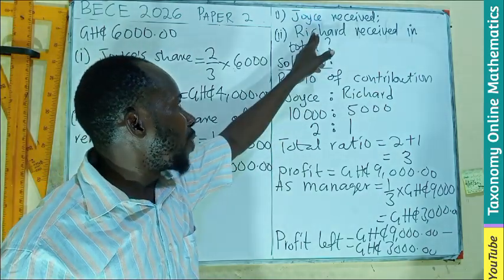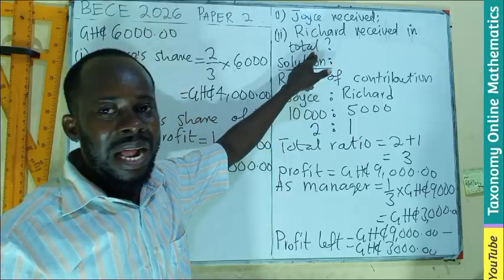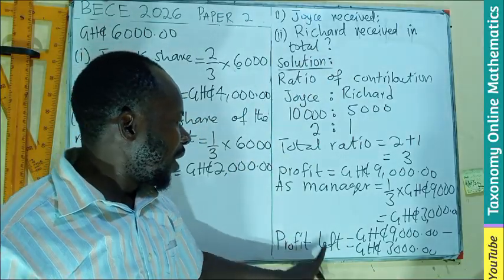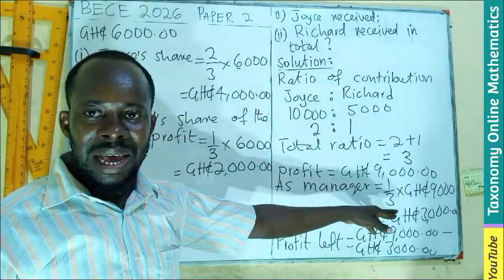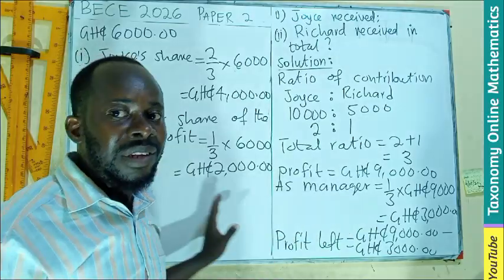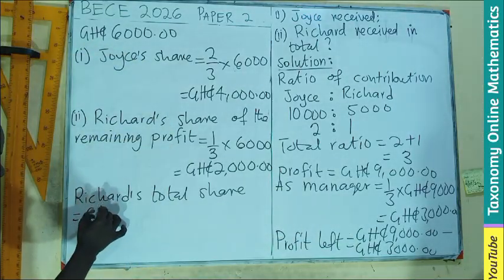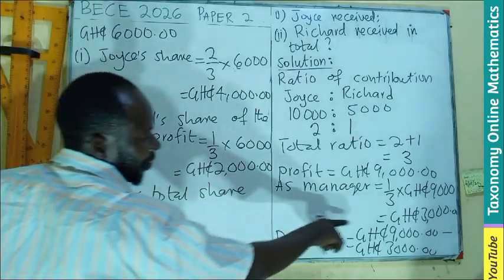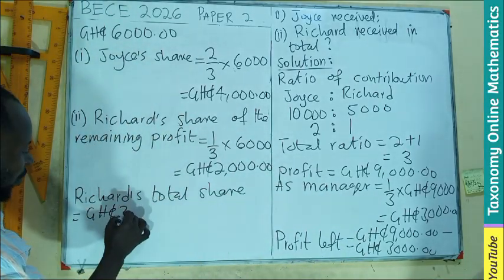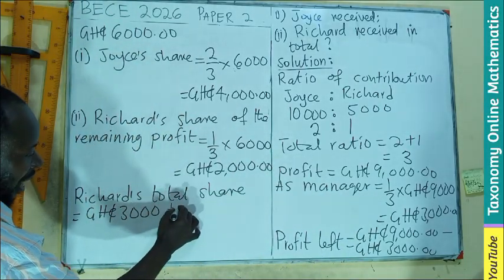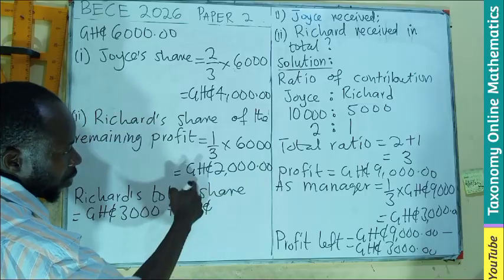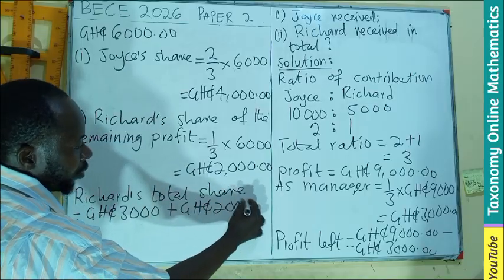But we are asked to find the amount he takes in total. He first received money as a manager before receiving as a contributor. So Richard's total share is going to be the amount received first as a manager, which is 3,000, plus the one received as a contributor, which is 2,000.